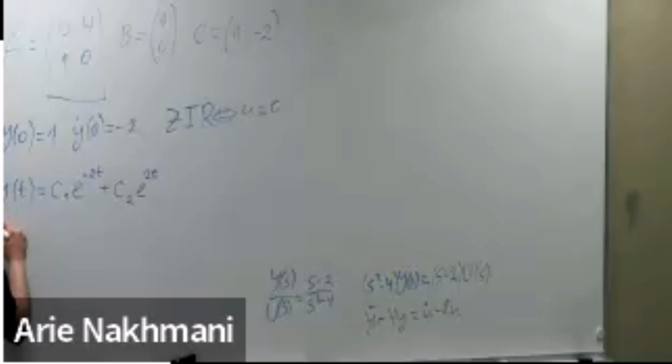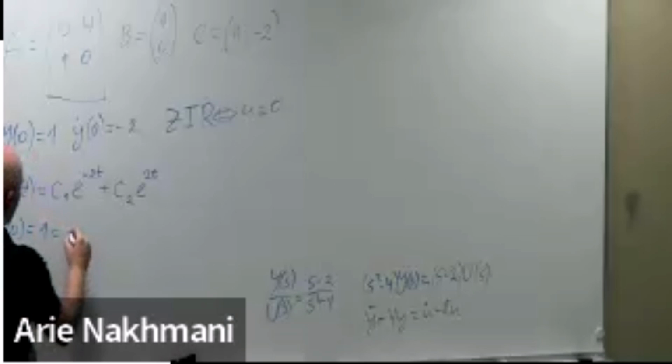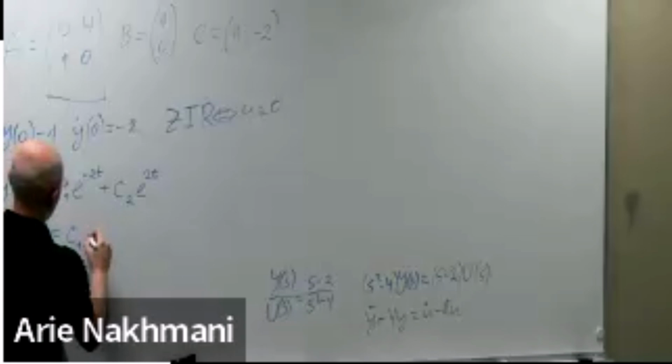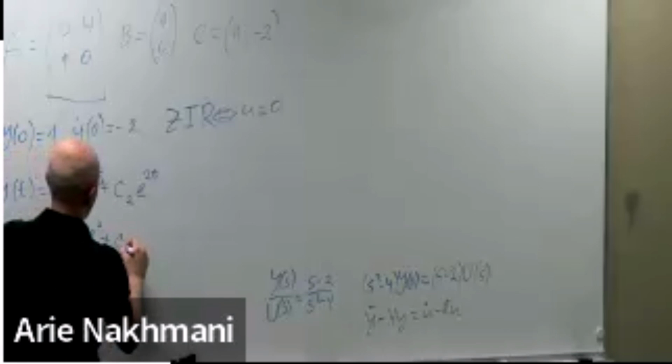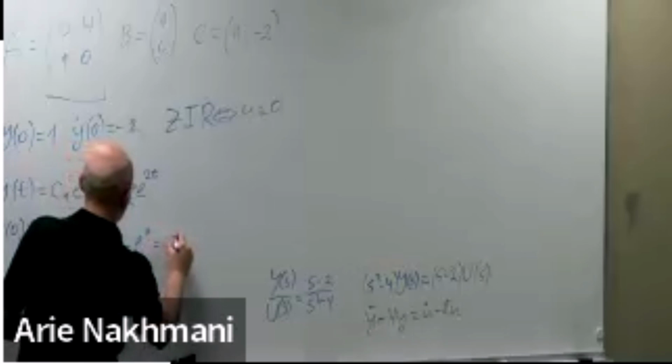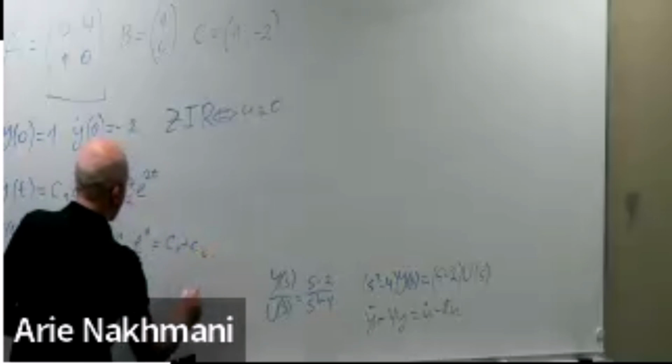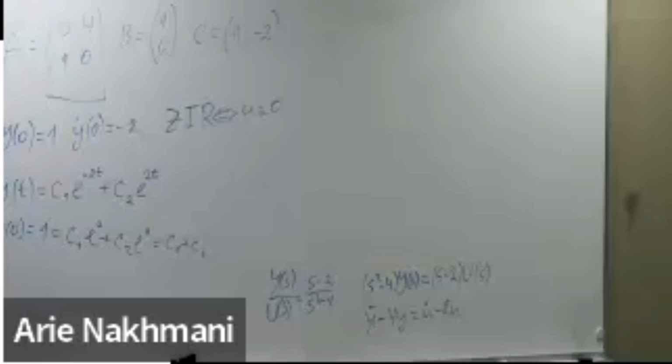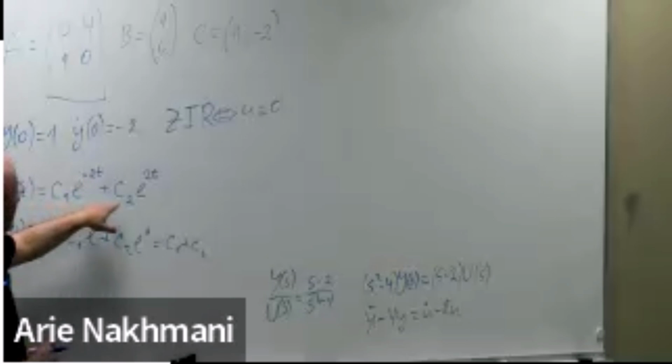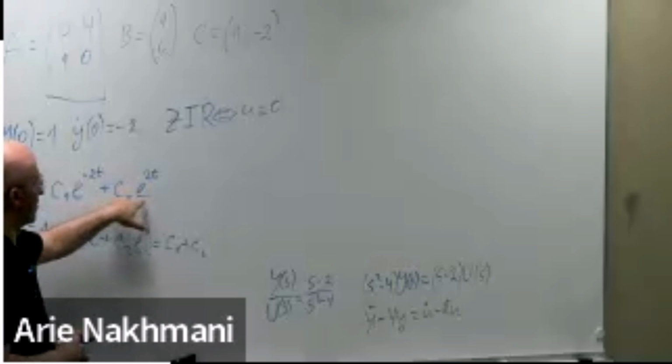So y0, which is 1, will be equal to c1 e to the 0 plus c2 e to the 0, which is c1 plus c2. This is the first equation, all right? For the second equation, we need to take the derivative of y. So the derivative of y is -2 times the same thing, plus 2 times the same thing.